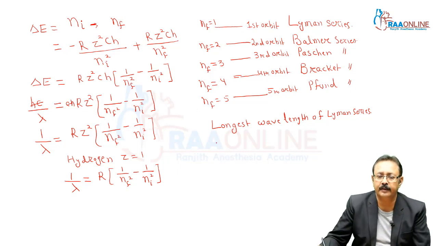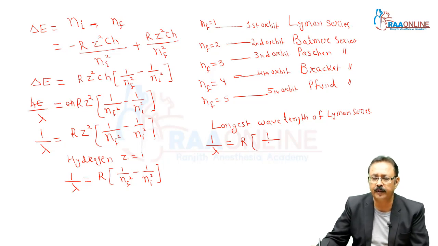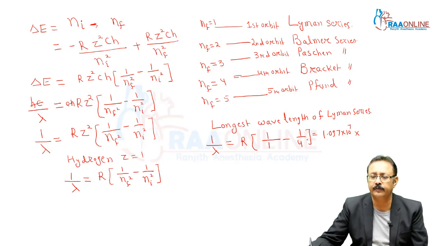So 1 upon lambda is equal to R, 1.097 into 10 to the power 7, into 1 minus 1 by 4, which is 3 by 4.